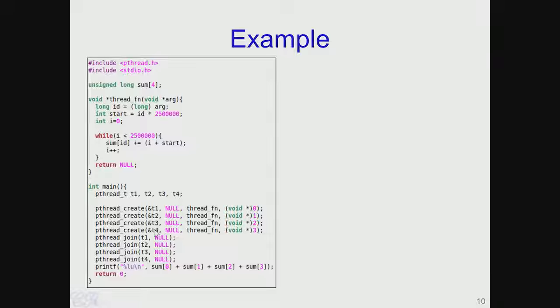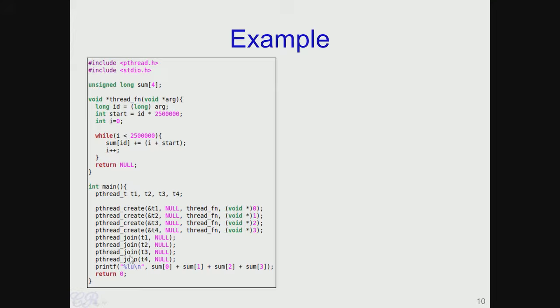So, while this process is going on in the 4 threads, that is this while loop, which takes considerably long, is being executed by the 4 threads independently. What the main thread does, after creating the 4 threads, is invoke join.